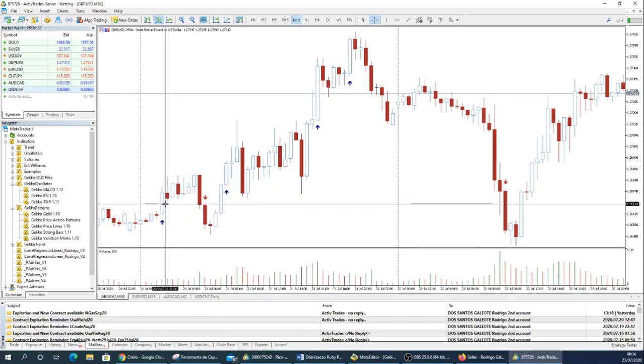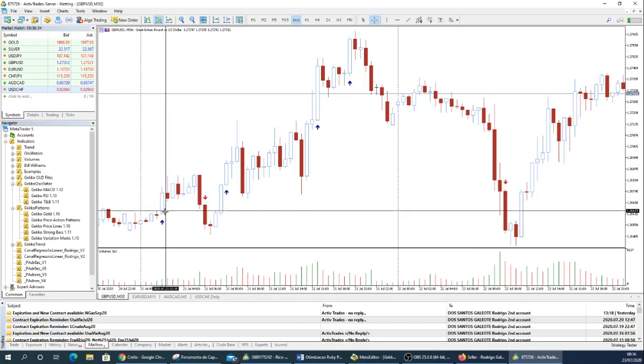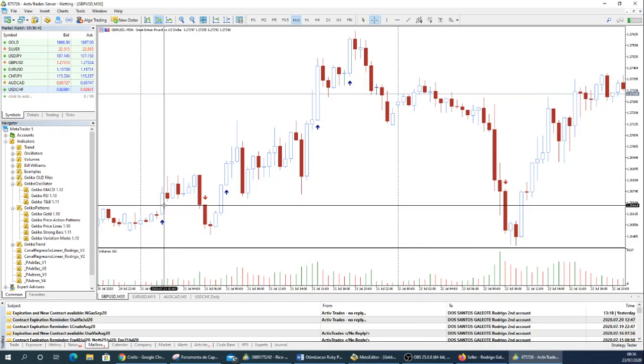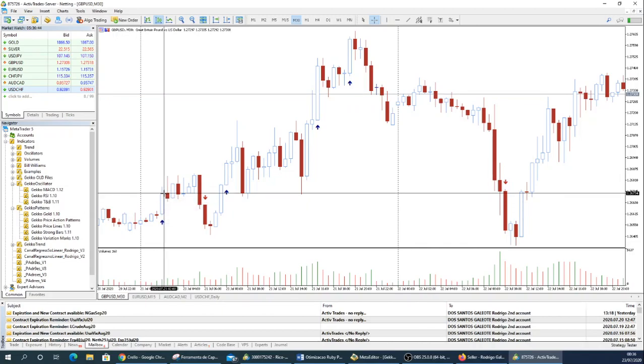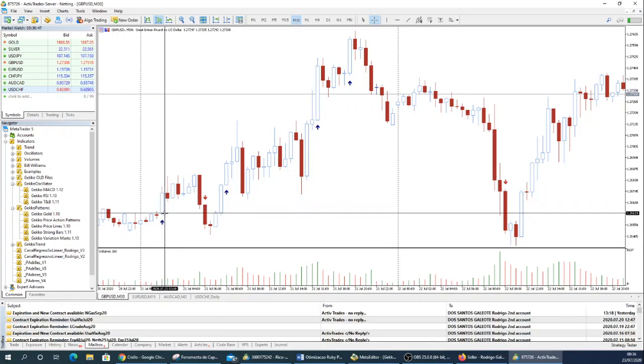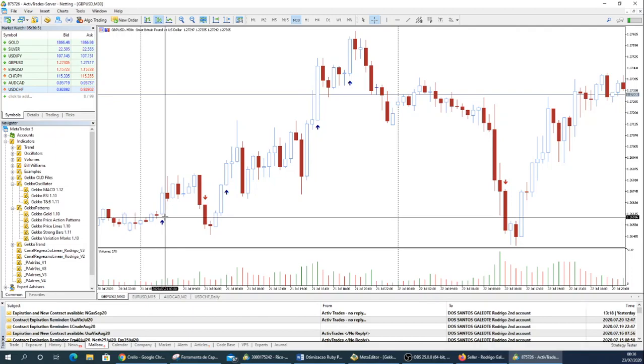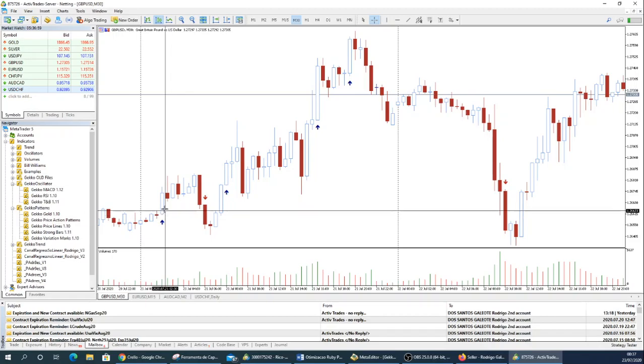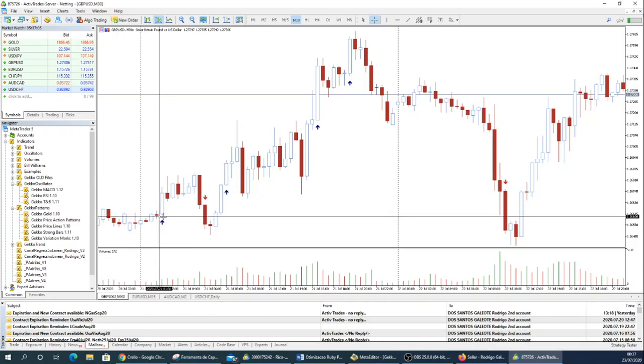The other thing that we often see in strong bars is the tail. You see this little tail here? This is an up bar, right? A bull bar. So you see the tail here at the bottom is often small, or non-existent, and most of the time is smaller than, let's say, 30% of the size of the bar, right?